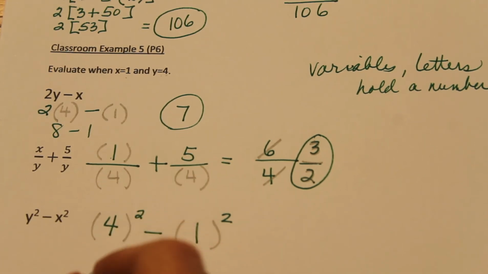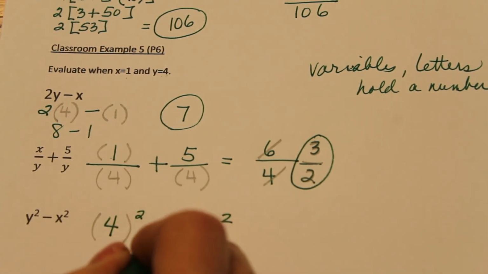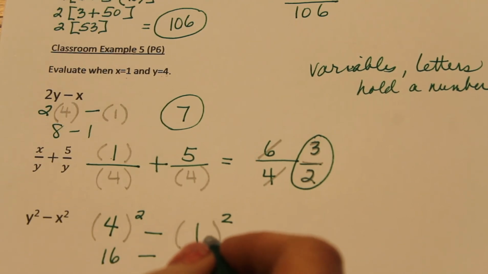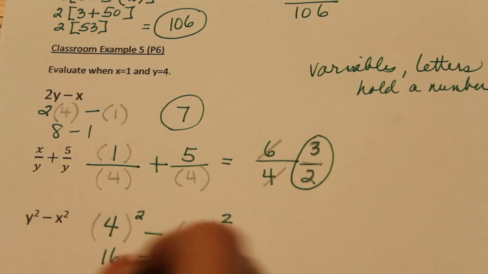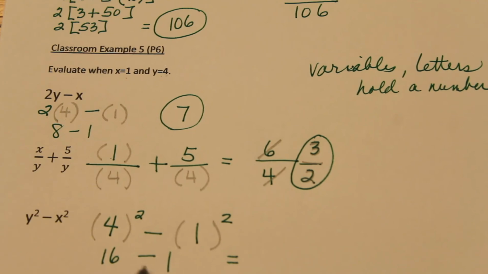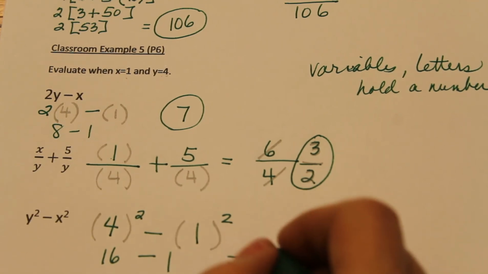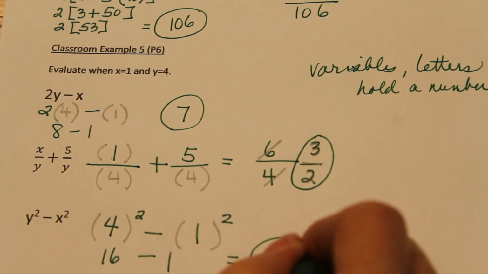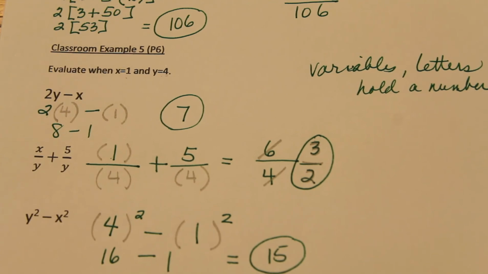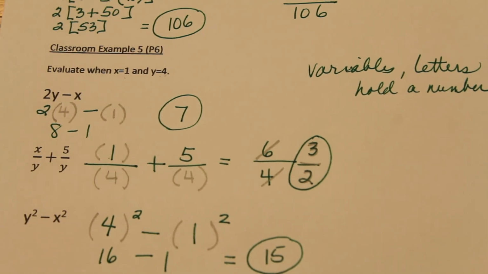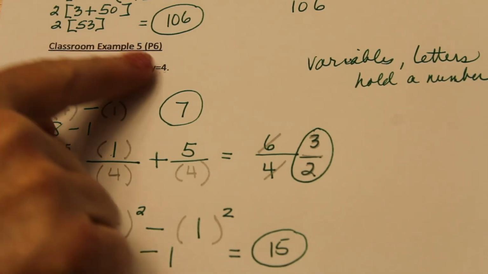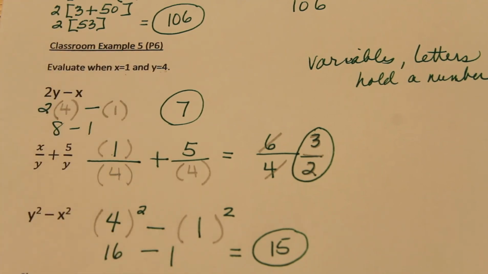So 4 squared, 4 times 4 is 16. Bring down your minus. And 1 squared, 1 times 1 is 1. So now we are just left with 16 minus 1, which is 15. Okay, so go ahead and practice yourself on practice 6.